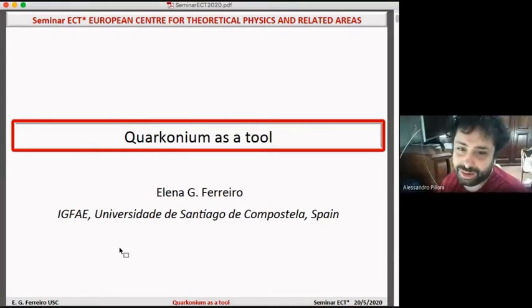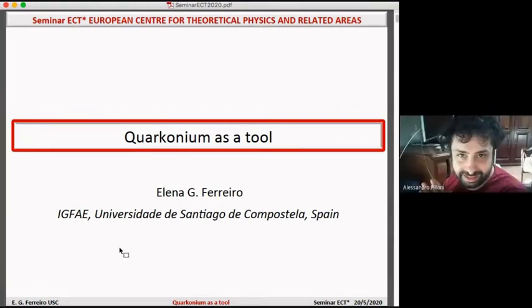So yeah, she's professor in Santiago, as you can read from the slides. She's a collaborator with people in France. She was visiting professor since 2006 in Orsay.